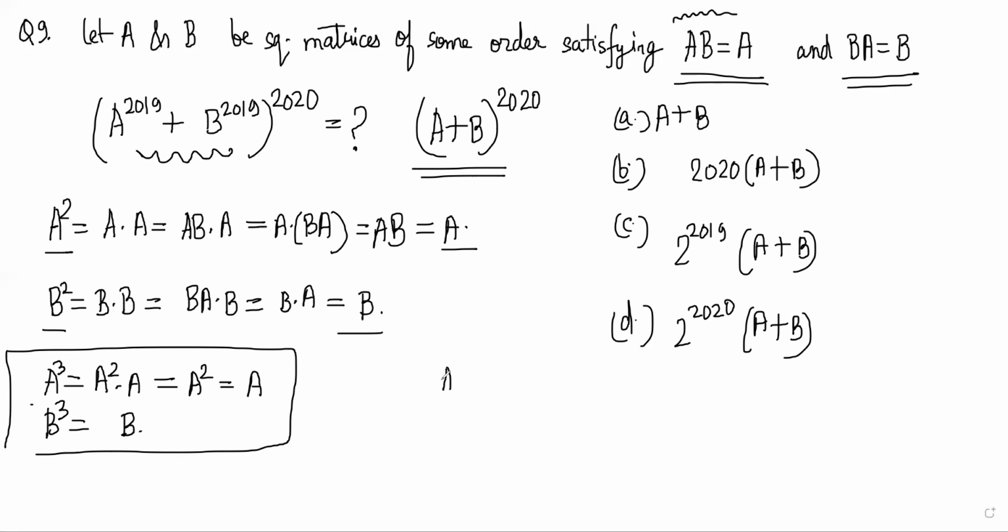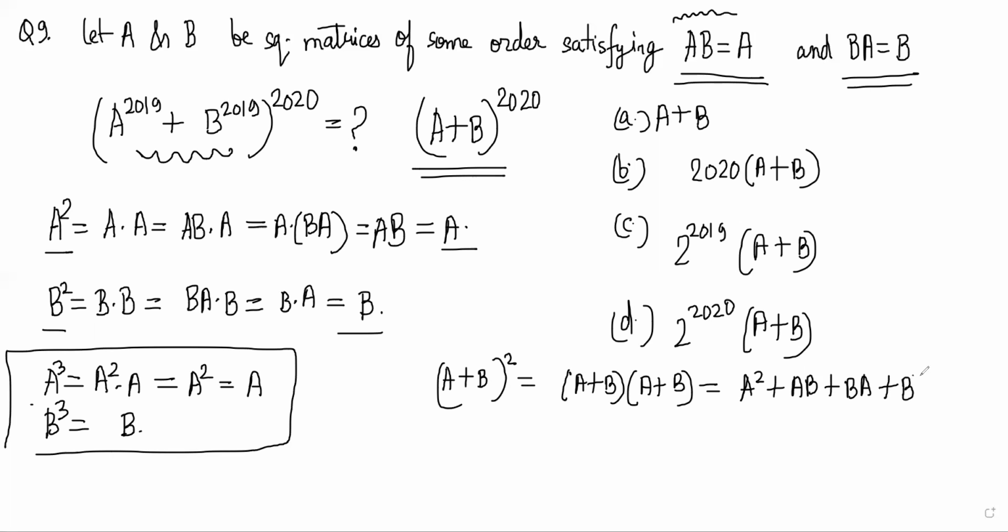Now, if you look at A plus B whole square, that would be A plus B into A plus B. So that will be A square plus AB plus BA plus B square.